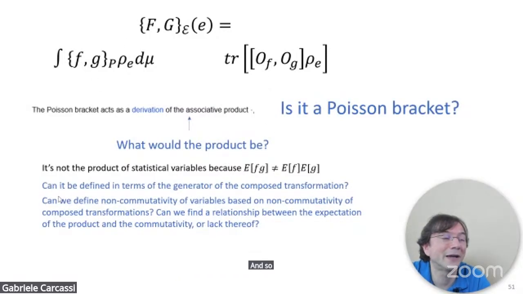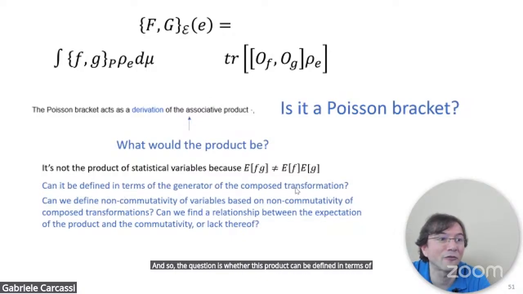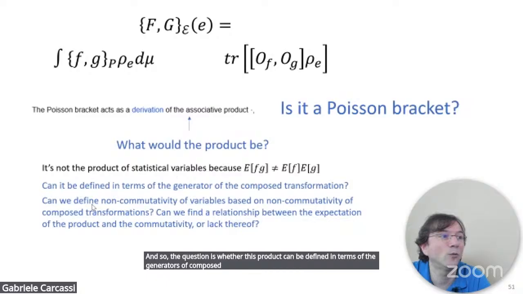And so the question is whether this product can be defined in terms of the generators of composed transformations, and whether the non-commutativity of variables itself can be the non-commutativity of composed transformations, and whether the lack of a relationship between the expectation of the product and the commutativity is what we're looking for.